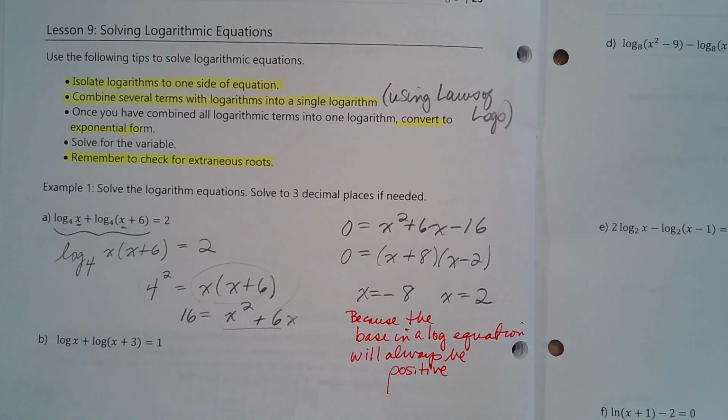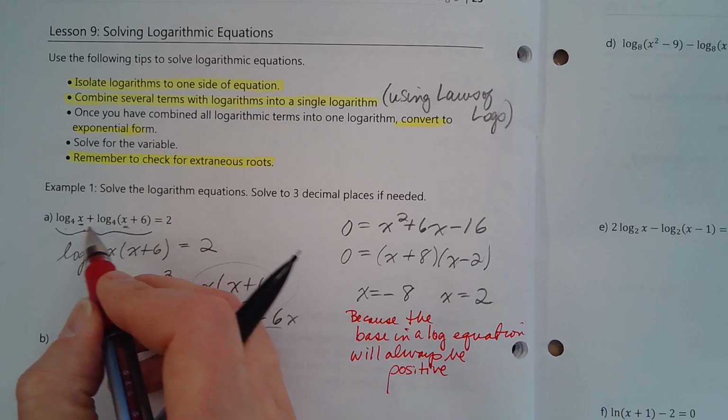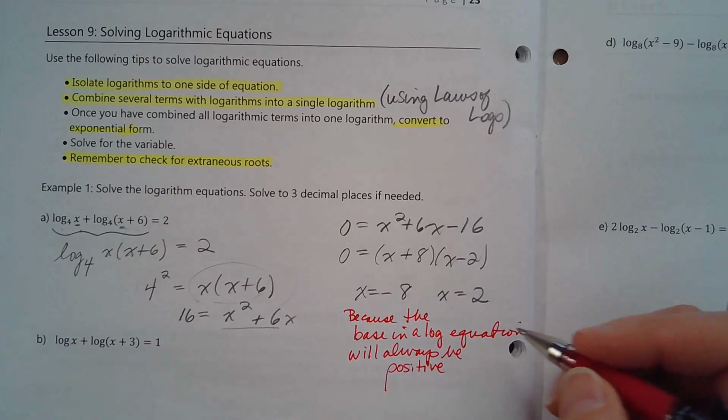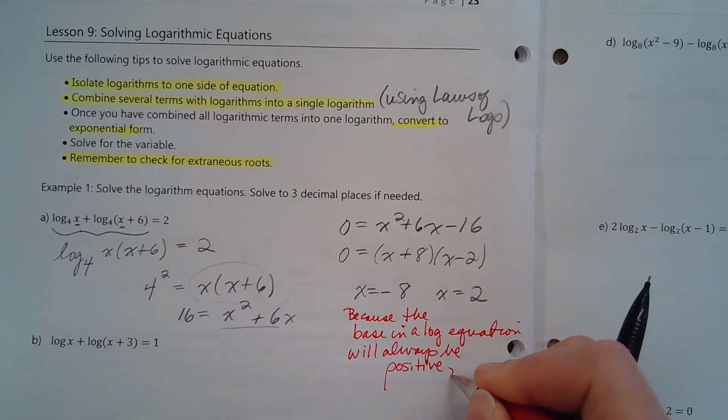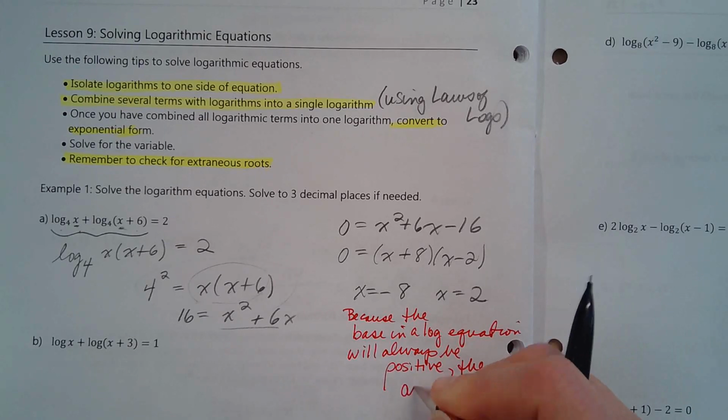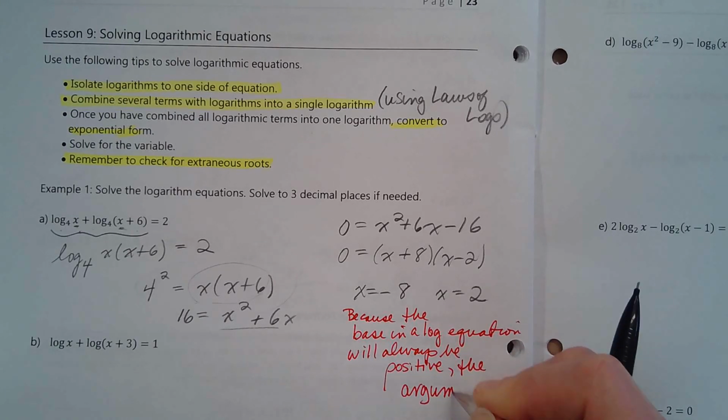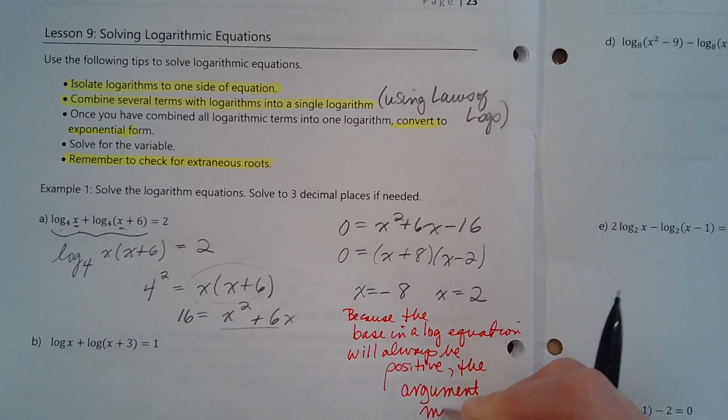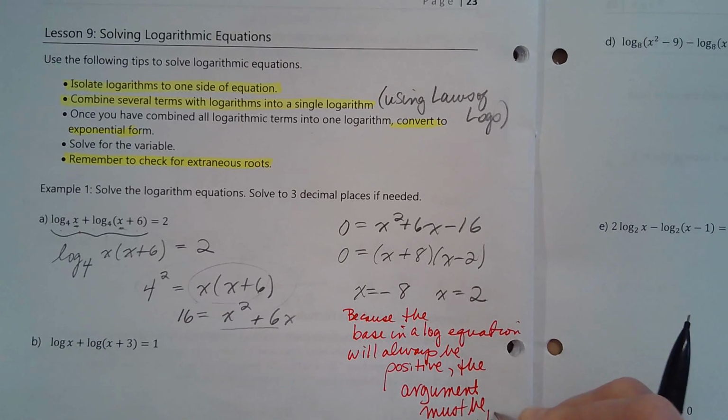If the base is a positive number, it doesn't matter what the exponent is, whether positive or negative, but the argument will always be positive. Because the base in a log equation will always be positive, the argument must be positive as well.